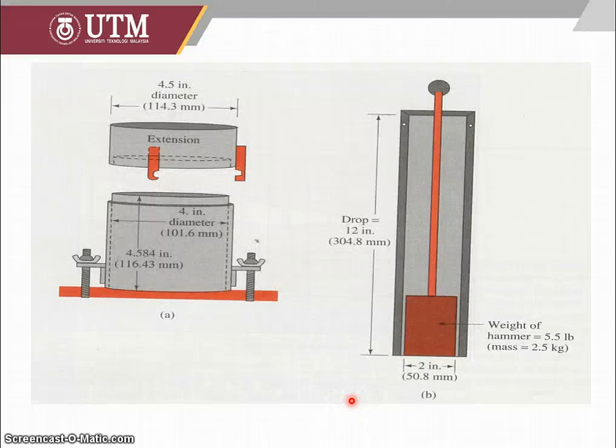Okay, this is the schematic diagram of the mold with a volume of 1000 centimeter cube. So this is what I call the collar or extension, and this is the base plate. So the mold is attached to the plate, and this is the hammer that we use, and the weight of the hammer is about 2.5 kilogram, and the drop is about 300 millimeter.